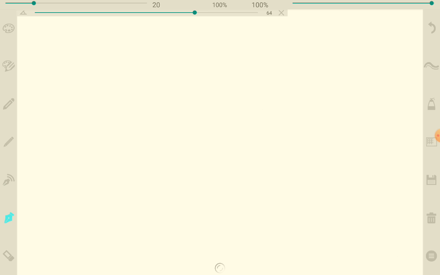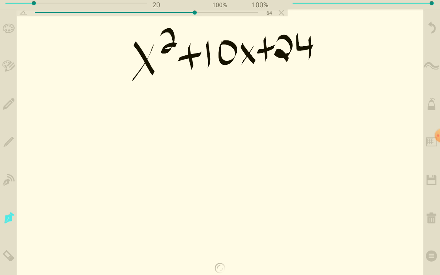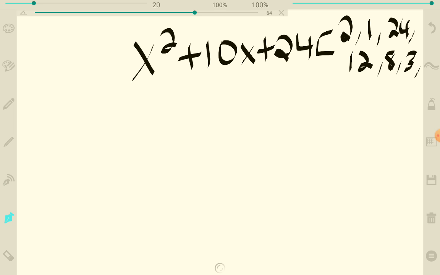The next problem is going to be x squared plus 10x plus 24. To do the same thing, we need to find multiples of 24. So we know 2, 1, 24, 12, 8, 3, 6, and 4.